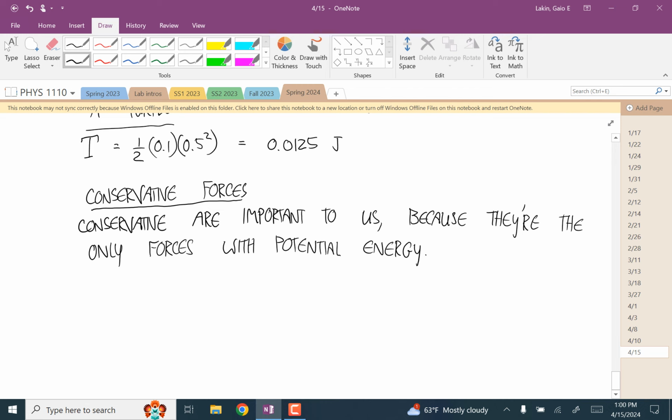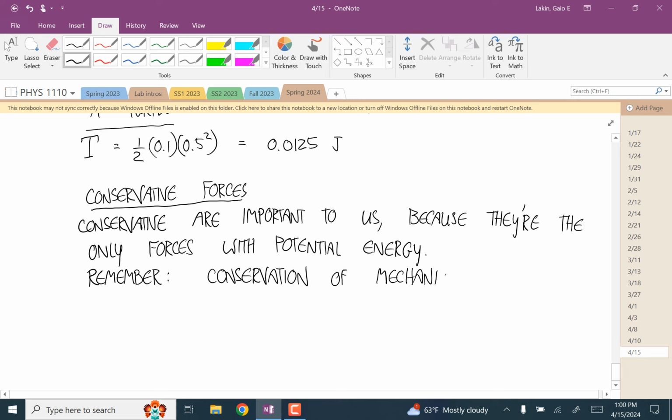The reason that's important is because, remember, conservation of mechanical energy only works when work is done by potential energy.